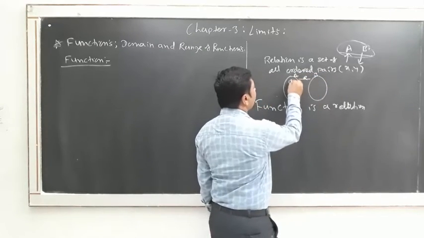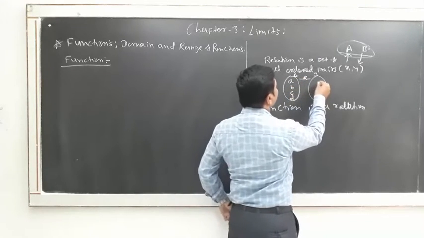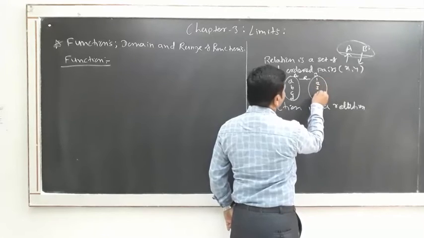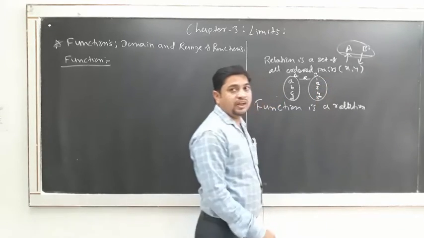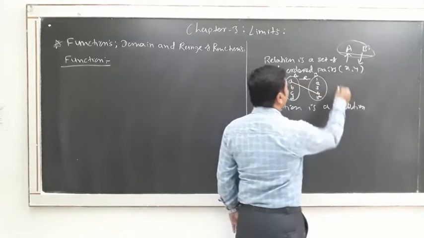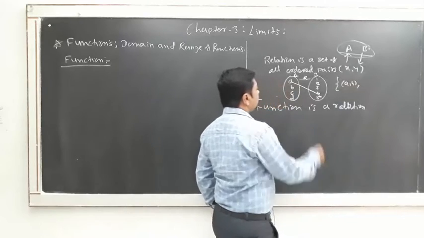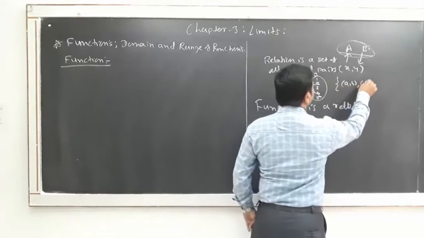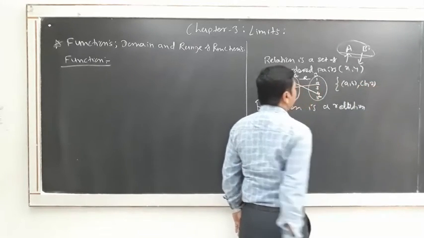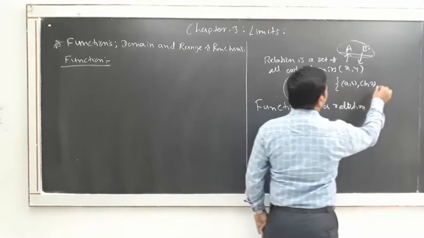Suppose A is a, b, c, d, and here you have 1, 2, 3, 4 and 5. You have an ordered pair, that is a related to 4. Then b is related to 2, and b is again related to 3.